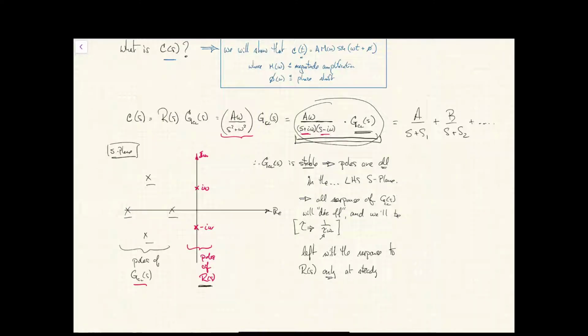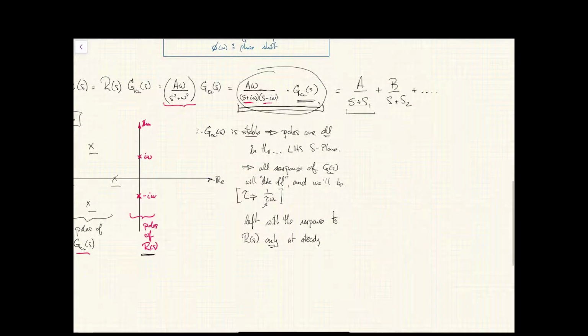And if I had a second order bit, I would have Cs plus D divided by a denominator that's another root, etc. And then to find the A, B, C, D and so on, I would multiply by the factor that corresponds to that particular root. So in this case, it would be s minus s1, and everything else would cancel except this, and I would be able to find A.